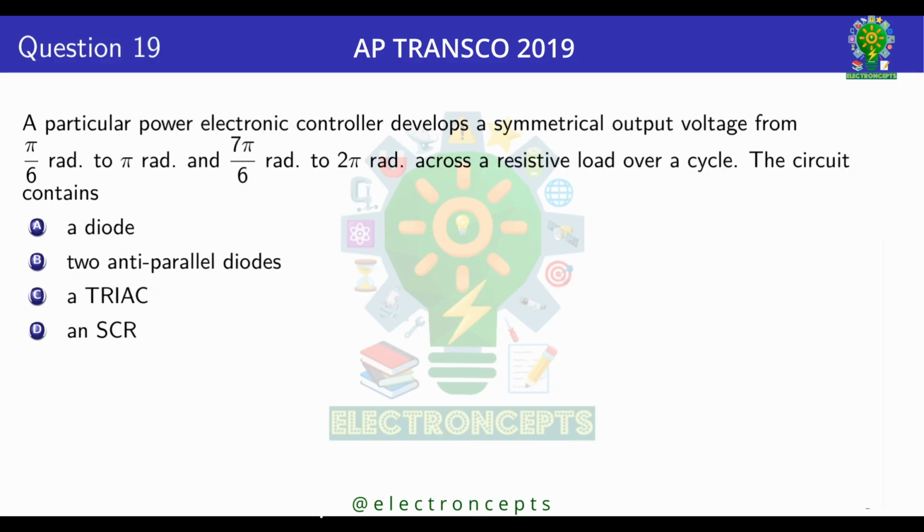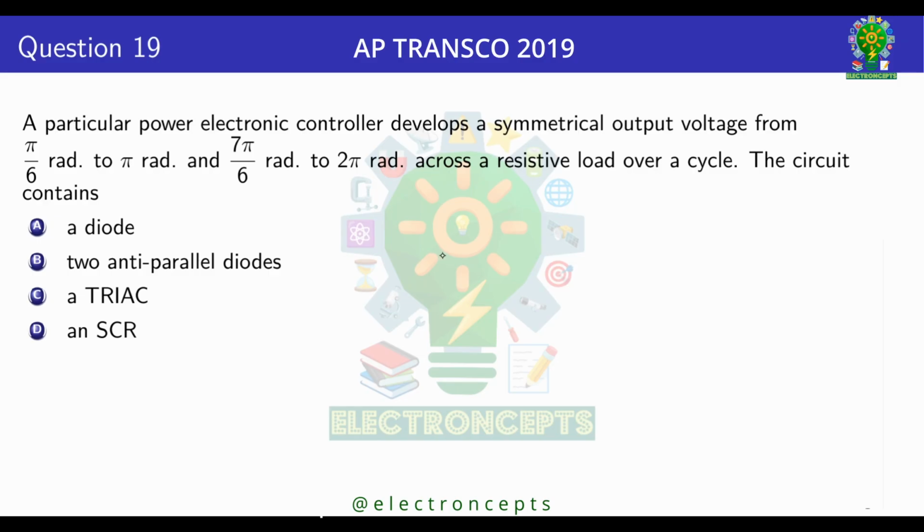Question number 19. A particular power electronic controller develops a symmetrical output voltage from pi by 6 radian to pi radians and 7 pi by 6 radian to 2 pi radians across a resistive load over a cycle. We need to find which component is suitable for this type of application.